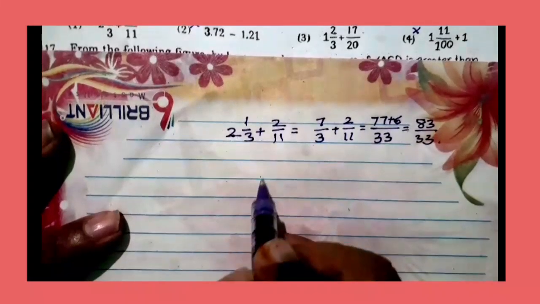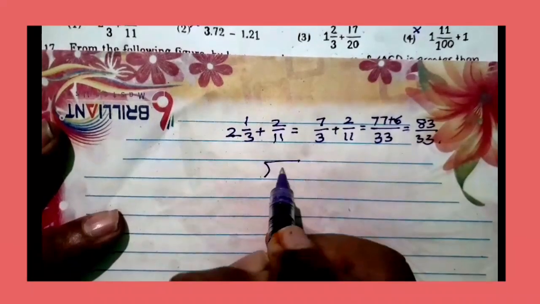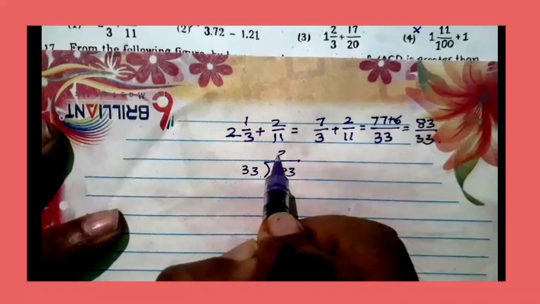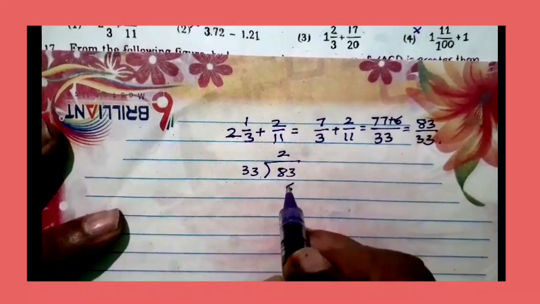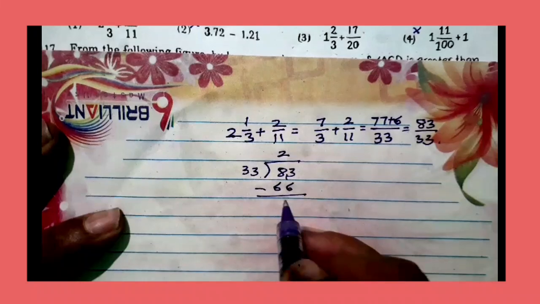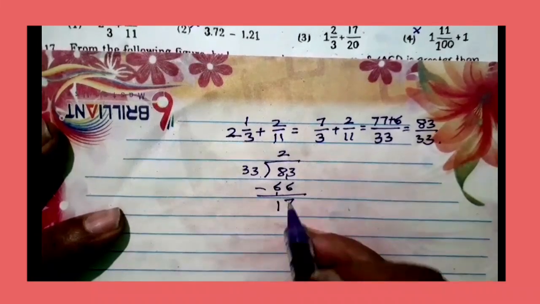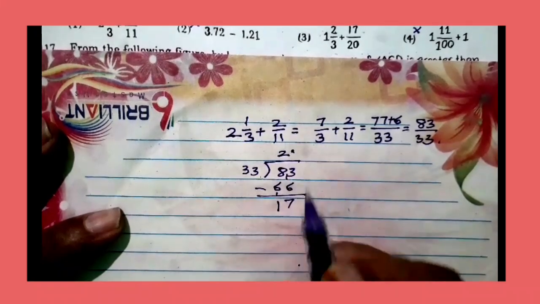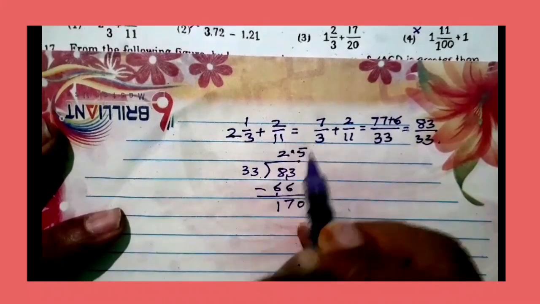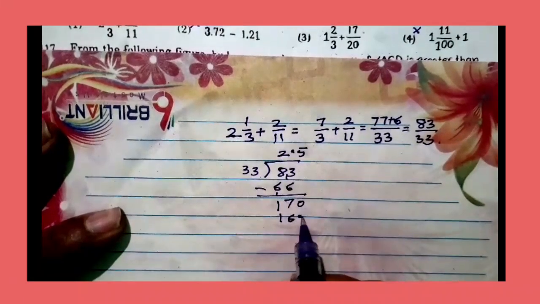Now we can check. 2 times 66. 13, 7. 1.0. 5. 165.